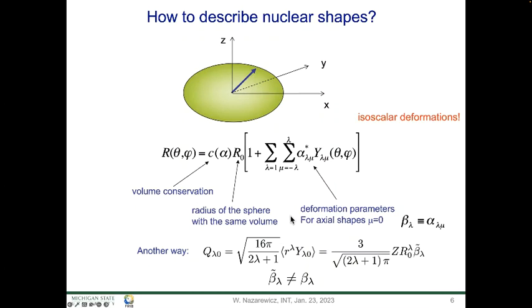So a better way of defining deformation parameters is through observables. This observable Q lambda 0 is a multipole moment. The magnetic quantum number does not have to be 0, but for simplicity, I just put it 0 here.